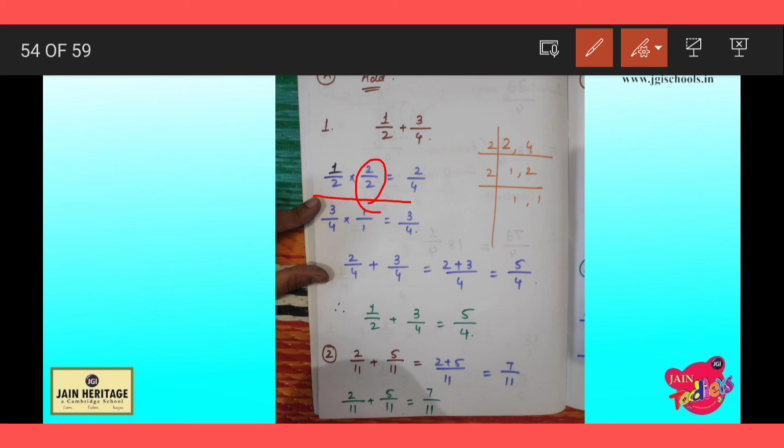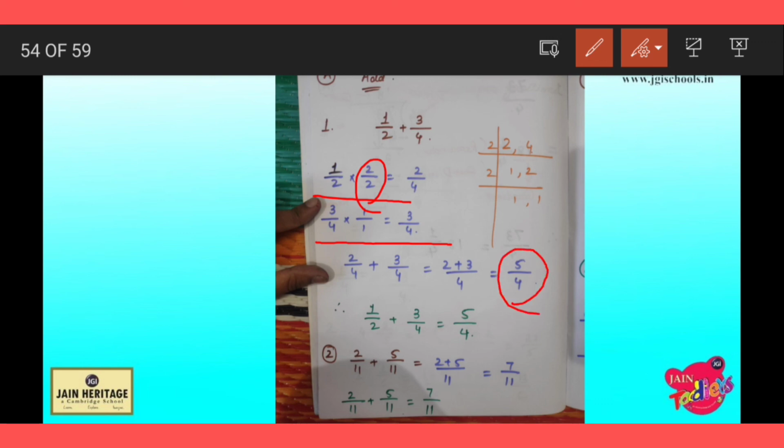So it will be 2 by 4. And for 3 by 4, it will be 1 because the denominator is equal to the LCM. Now denominator is same, so you can add the numerator only. So 2 plus 3 is 5. 5 by 4 is the answer.